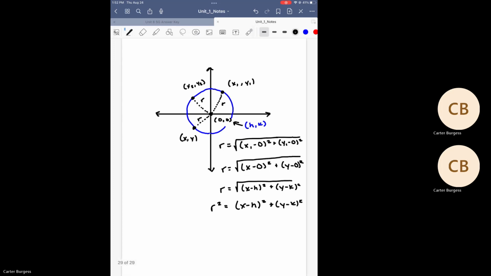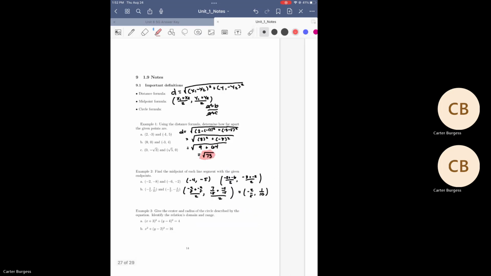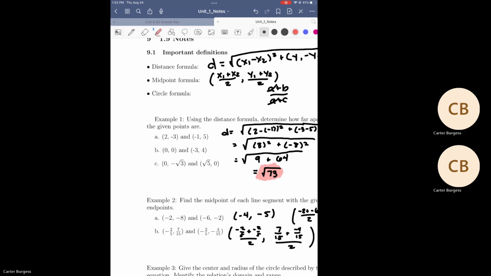But I like the connection to the distance formula a little bit more, but more often than not, I would say you're going to see it like this. Okay, so we could think of our circle formula. Again, this is r squared equal to x minus h squared plus y minus k squared.